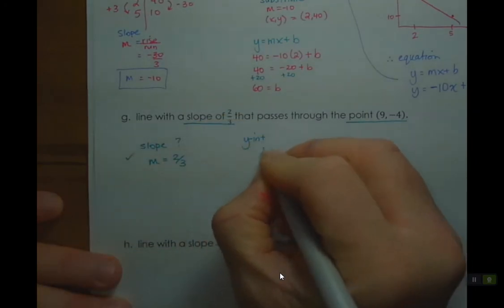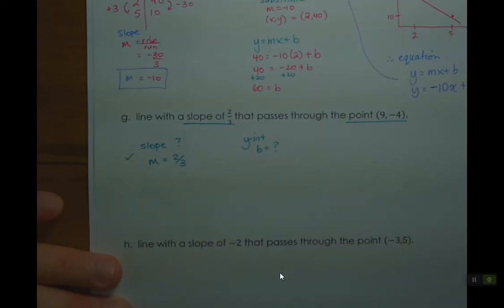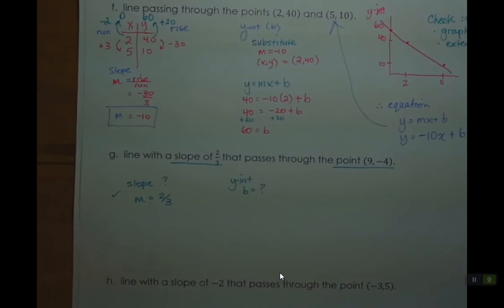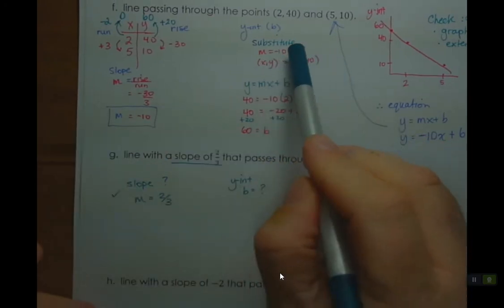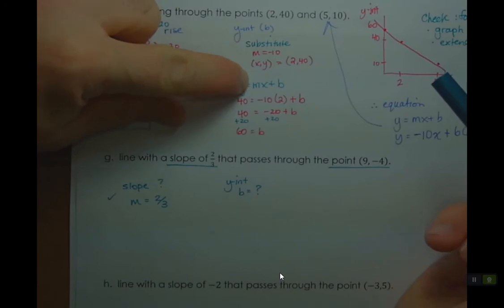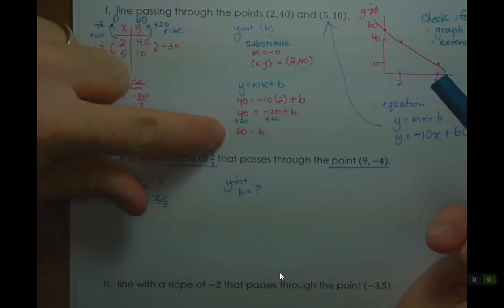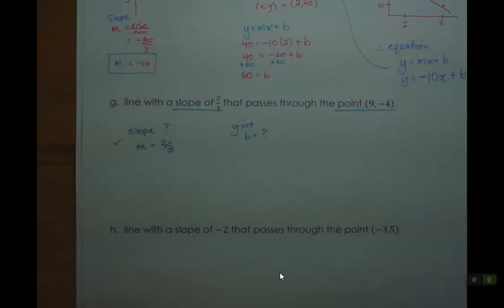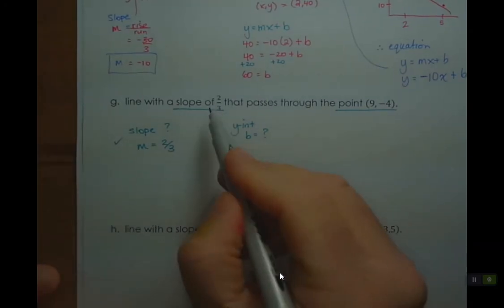Y-intercept, we don't know. But we know from the previous question that if we know a slope and a point, we can find the y-intercept. Well, guess what we know?